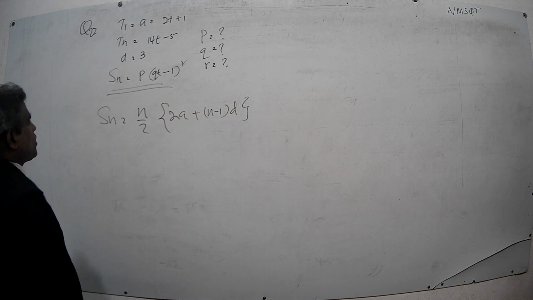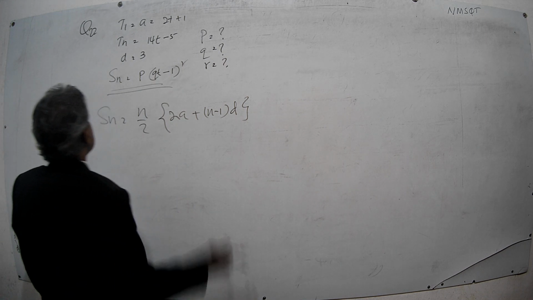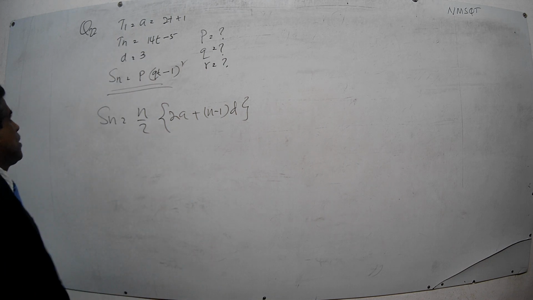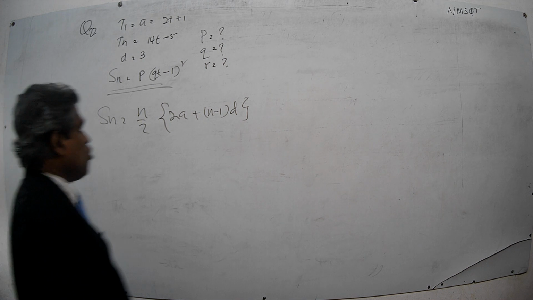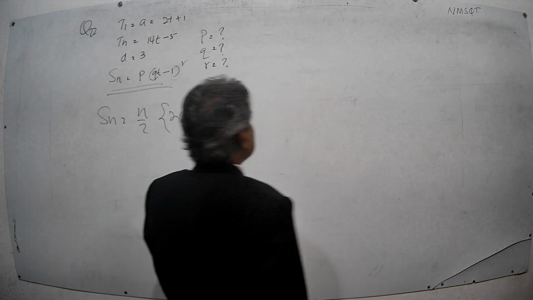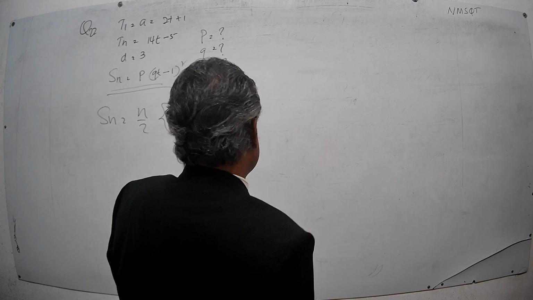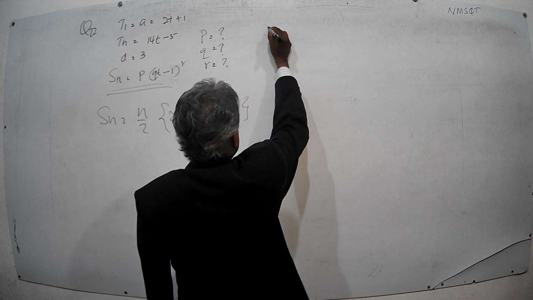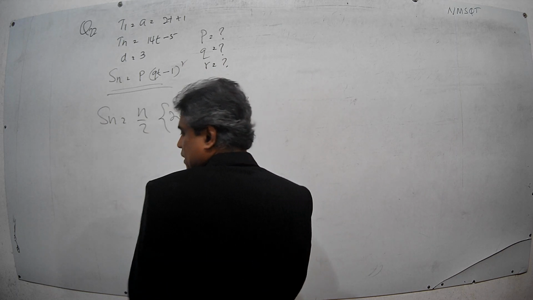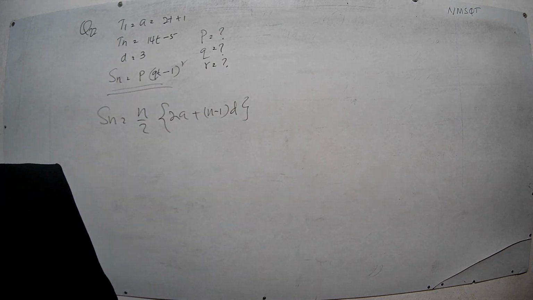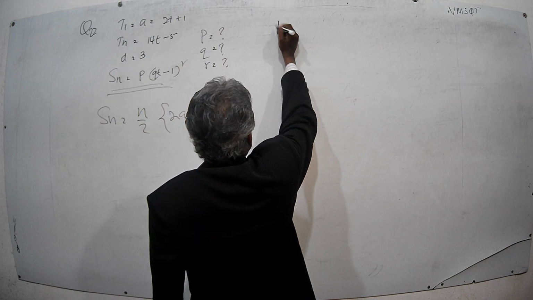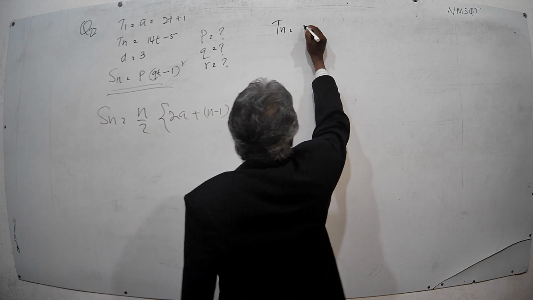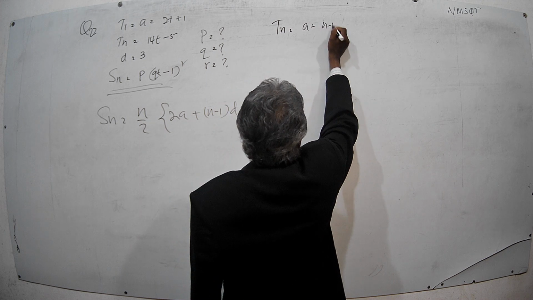Okay. Now for that we will use the Tn formula. For that we know another formula for finding the nth term of an arithmetic sequence. The nth term Tn equals a plus n minus 1 d.